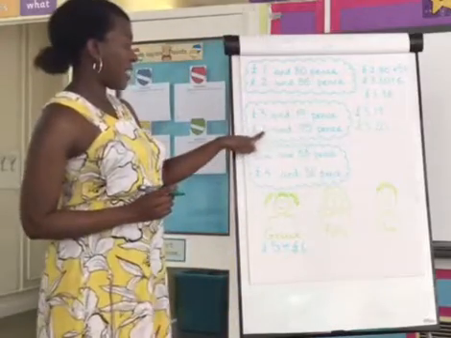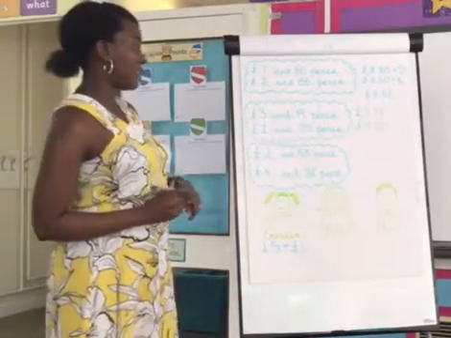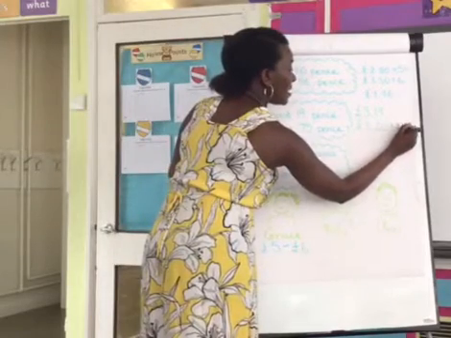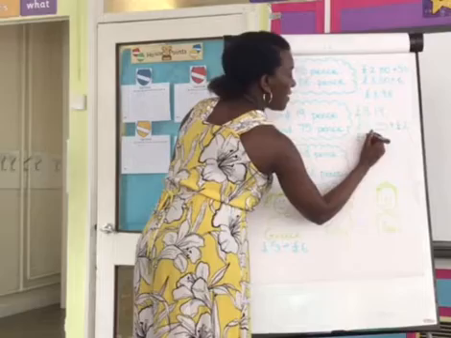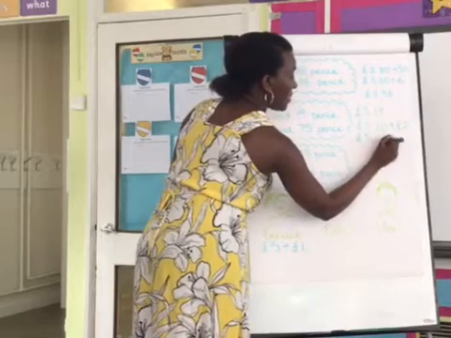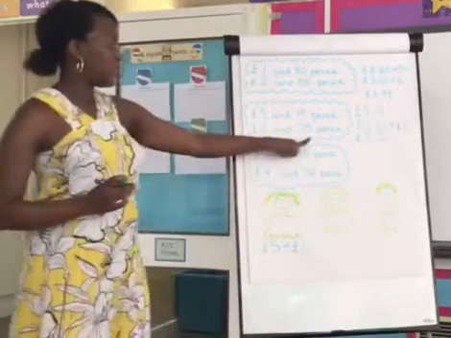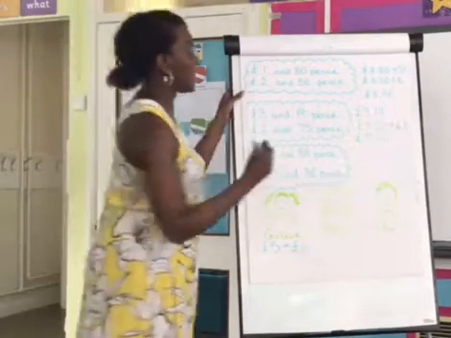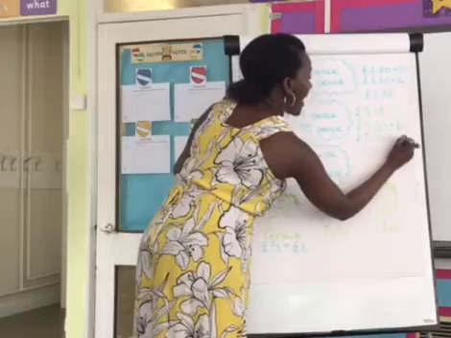That way it's easy to add on £2.75. So you would add on your £2, which would give you £5.20. And then you can partition that into your tens and your ones. So you can add on your 70 pence.